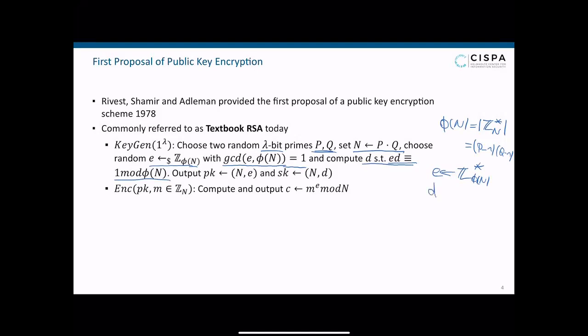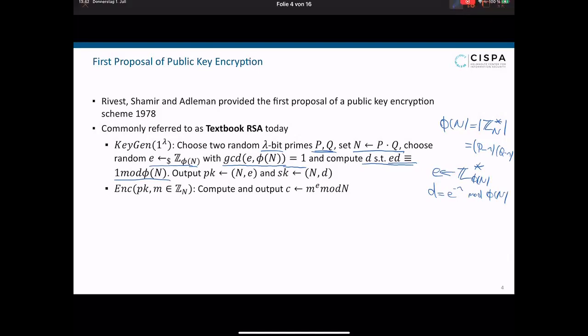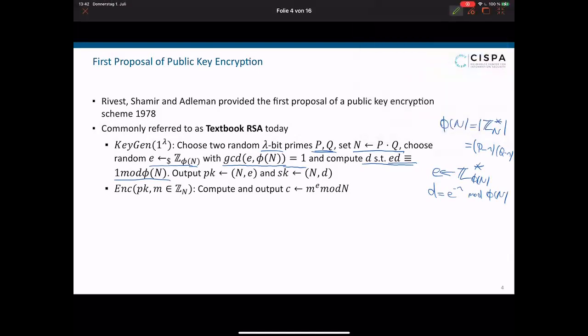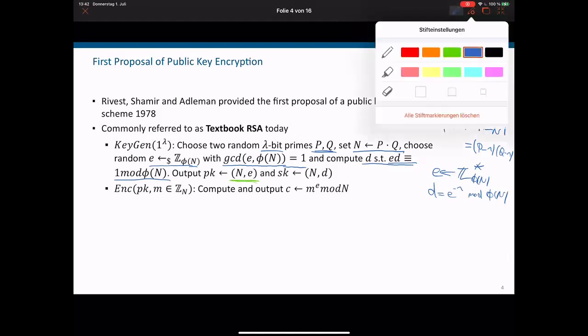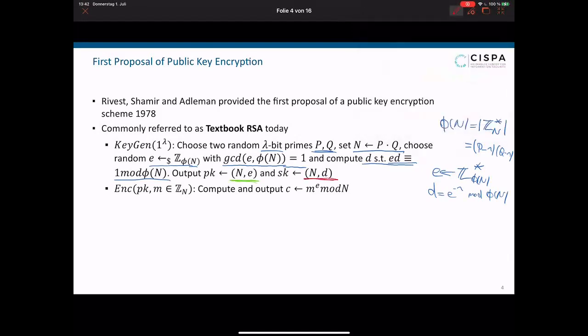So essentially d is e inverse modulo phi of n, right? We've seen how to do that using the extended Euclidean algorithm. The public key, let's make it in green, consists of n and e, and the secret key, maybe in red, of n and d.